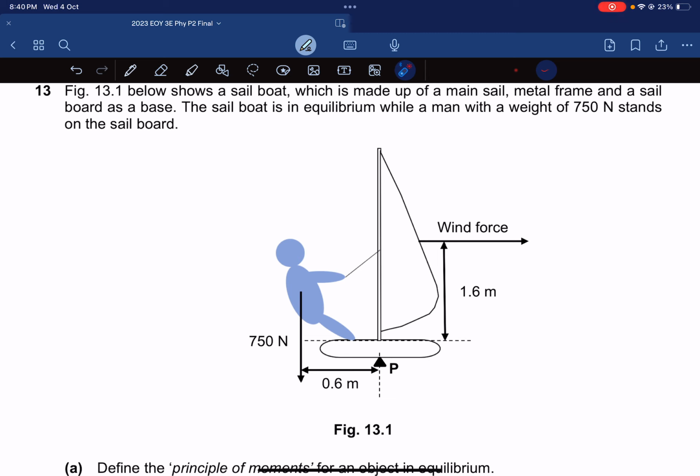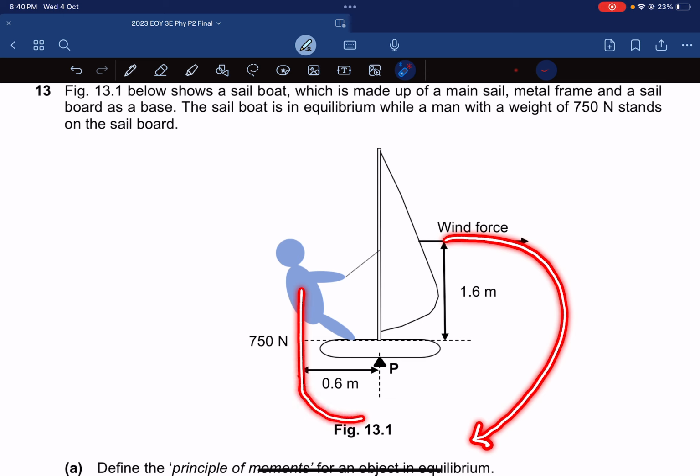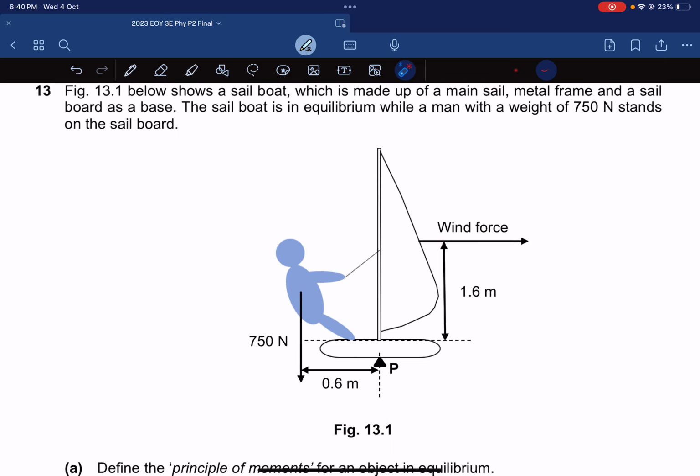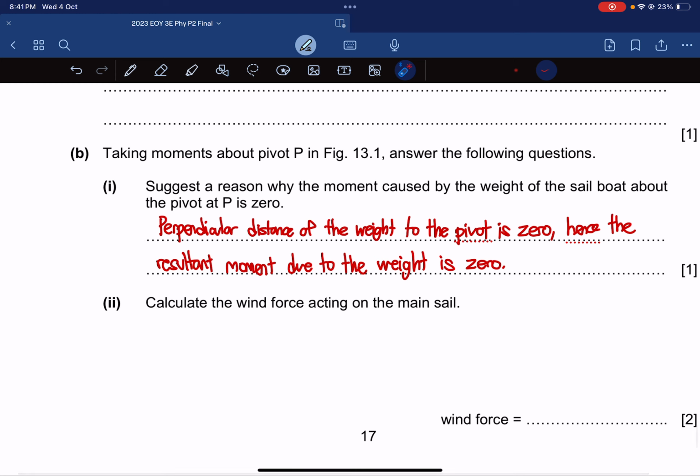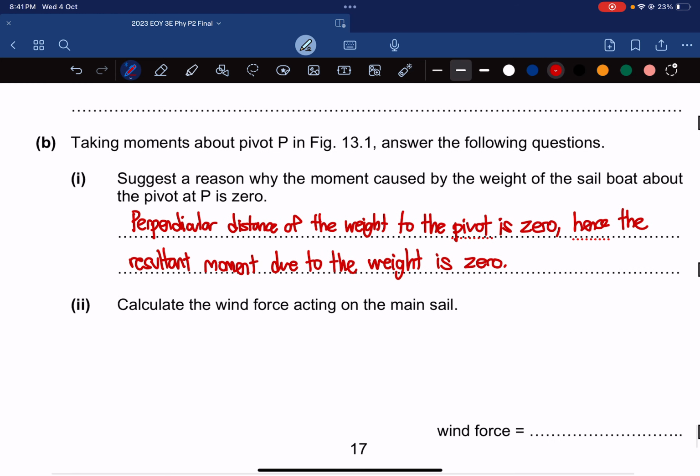First, I have the wind force, which exerts a clockwise moment in this direction, whereas I have the weight of the man exerting an anti-clockwise moment about pivot P. So by the principle of moments, I can formulate an equation. The sum of clockwise moments is equal to the sum of anti-clockwise moments.